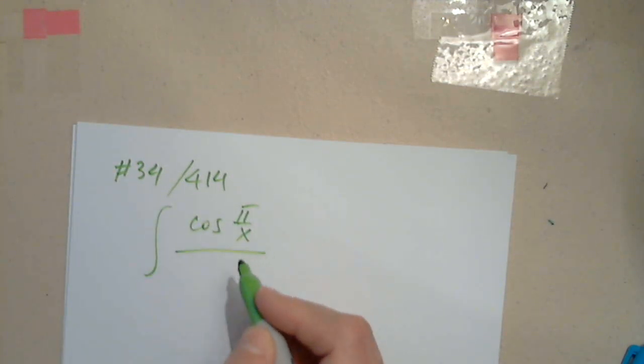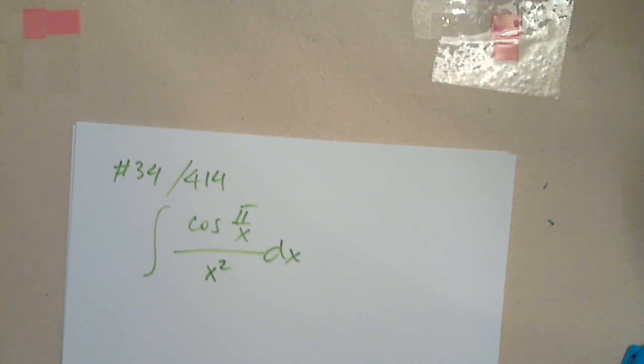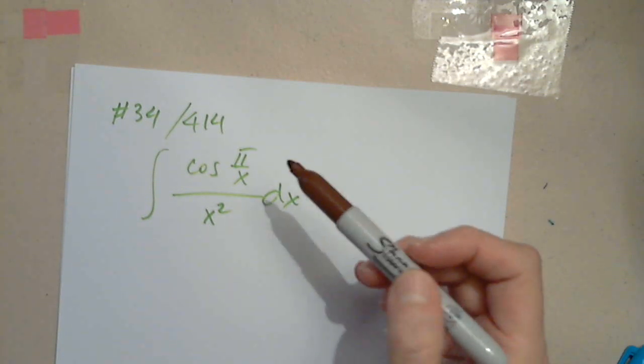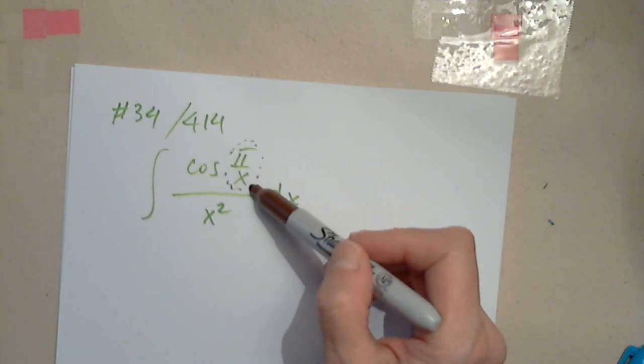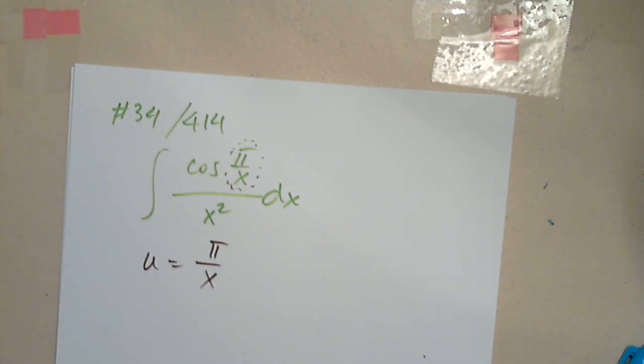So in 34 we have the integral of cosine of pi over x squared dx. Any idea about the substitution here? What substitution should we use for this? Well, I don't like functions inside of functions. So we can denote pi over x by u.